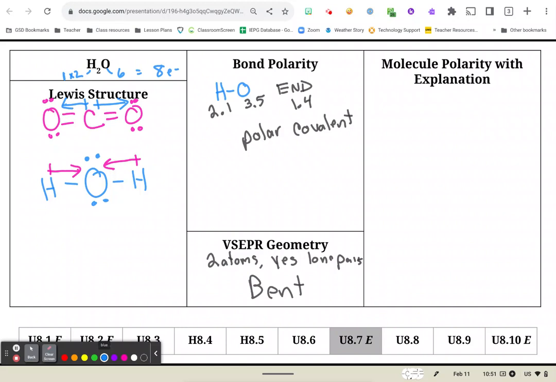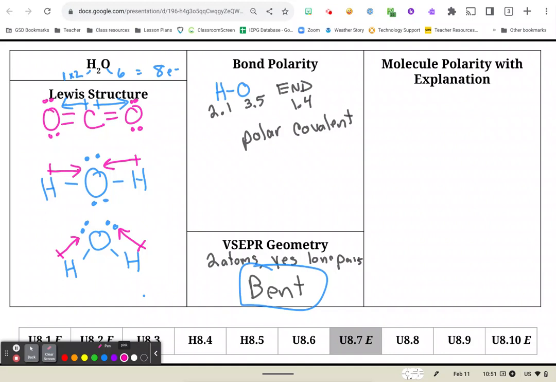So you might look at that bent structure and be like, oh, wait, they're going equal and opposite. But here's the thing that you have to remember about the bent structure. The bent structure, and I'm going to redraw it, and you don't need to do this, but you're welcome to do it as you're trying to figure this out. That bent structure, now if I draw it in the correct geometry, now the arrows, because they're at angles, do not cancel each other out anymore.